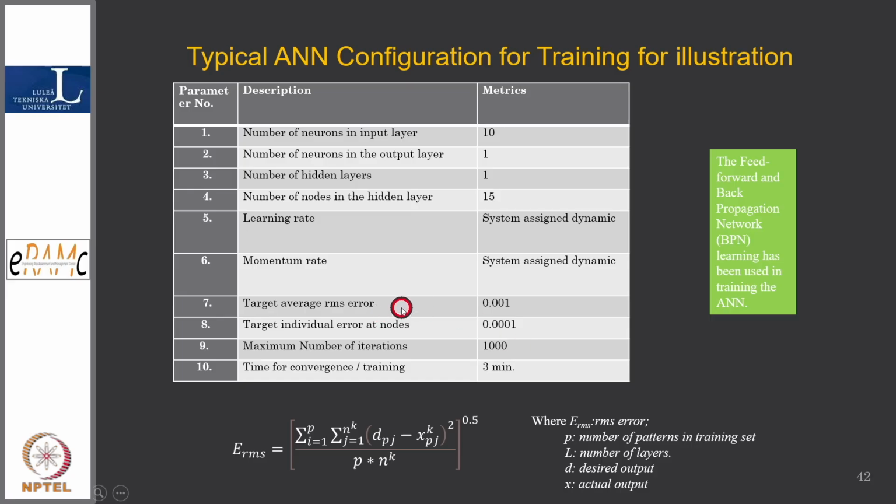The average RMS error is also 0.001. The maximum number of iterations was 1000, and the time for convergence training is 3 minutes. Present modern computers are very efficient at 3 minutes. Otherwise, in the 90s or so, it used to take almost 8 hours to train the neural network. It is my experience, I am telling you.